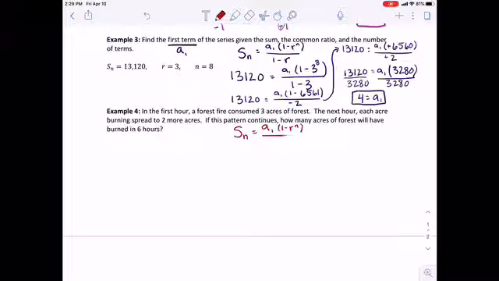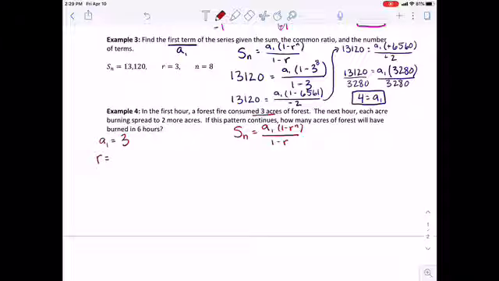So here's the formula. And S sub n is the sum that I'm trying to find. A sub 1, remember, is how much we started out with. Notice it says that we originally consumed 3 acres of forest. So my A sub 1 is 3. R is my common ratio, or the number I'm multiplying by each time.